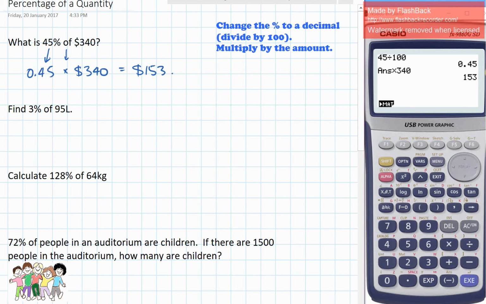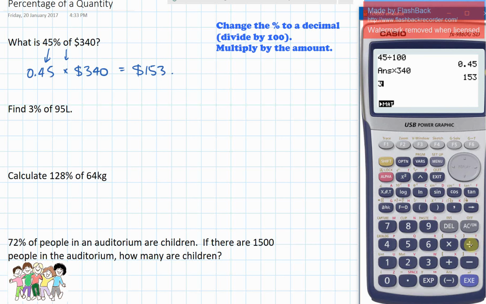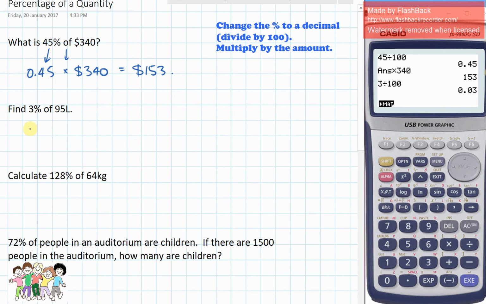Next question, find 3% of 95 litres. So 3%, enter that into the calculator and divide it by 100. I get 0.03. Now it's always good to actually enter that just to check so that you don't enter this as 0.3, which is 30%.